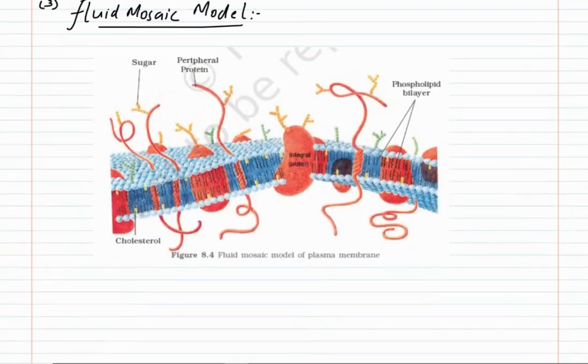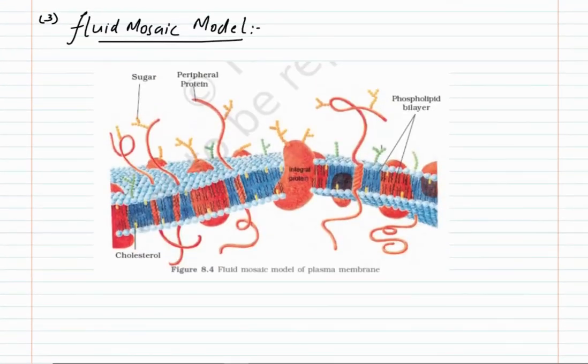So these models were rejected. The most accepted model of plasma membrane is the fluid mosaic model, which is given by Singer and Nicolson in the year 1972. This is the most accepted model.